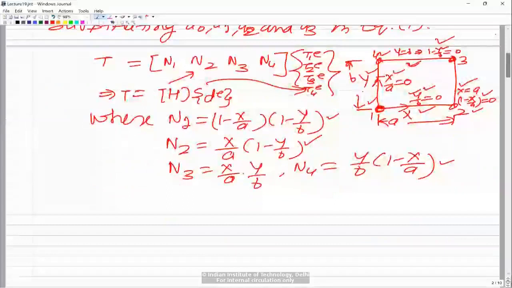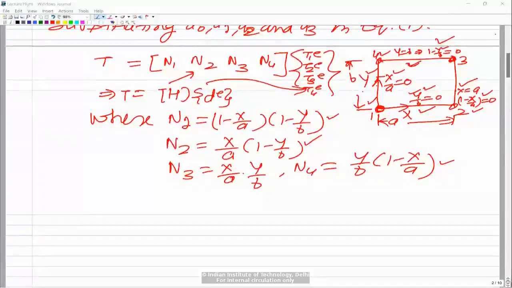Now, the other aspect is the development of the element level governing equation, and by now you would notice that this is a standard procedure.